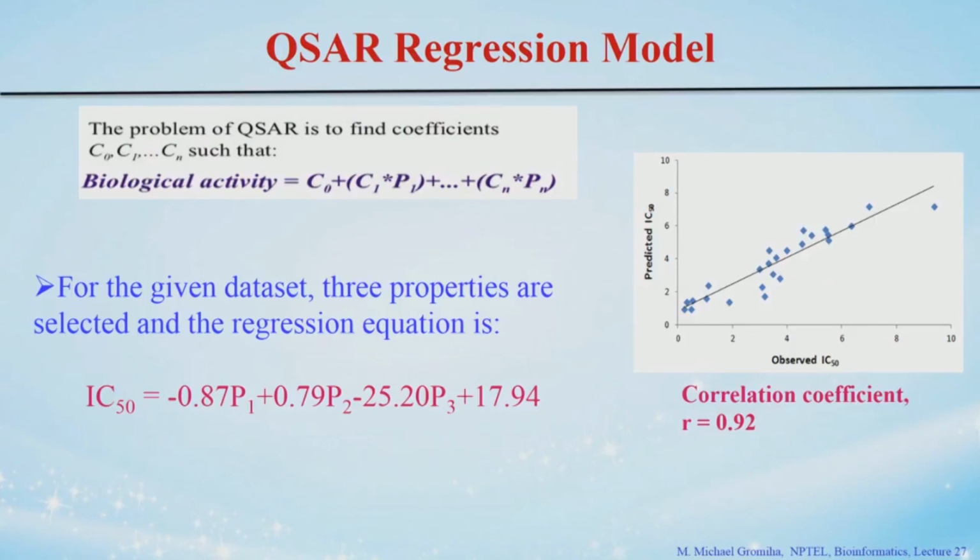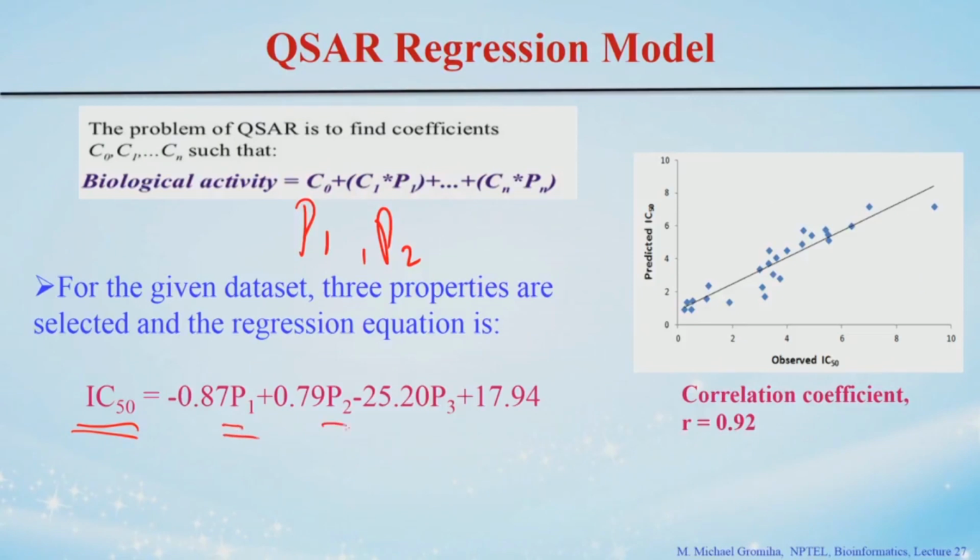right, you can combine different properties, because for example property P1 you have some information, right, and P2 can capture some other information in a particular compound. Then if you add up these two properties, right, then you can better predict the activity, right, rather than using a single one. So, you can use different property values and see whether you can combine together to check whether this IC50 can be expressed in terms of the combination of different properties.